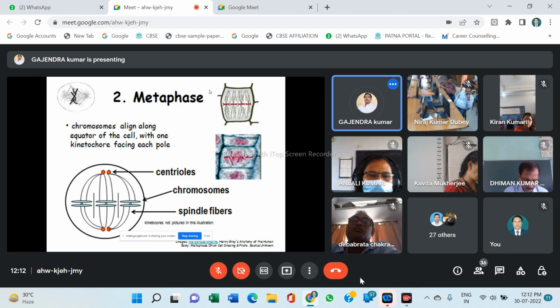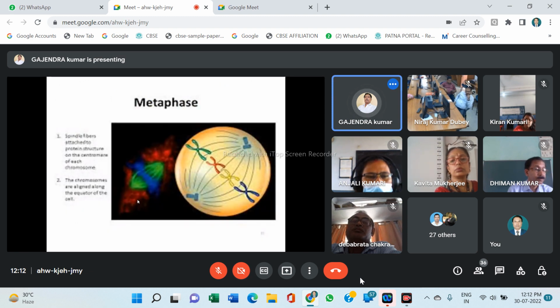This is the identifying feature of metaphase stage. If we clarify before the students that this is the identifying feature, that presence of chromosomes at the equatorial plane, students will learn that metaphase will be identified only with the help of the presence of chromosomes at the equatorial plane.